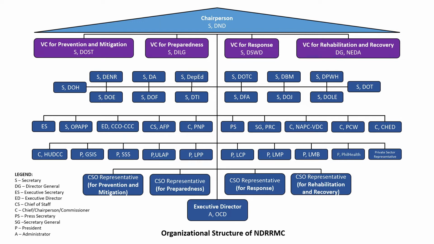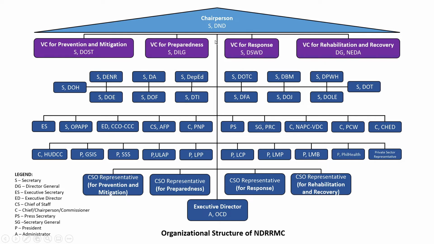Now, when it comes to the vice chairperson for response, that is the role of the secretary of DSWD or the Department of Social Welfare and Development. And lastly, for the vice chairperson for rehabilitation and recovery, we have the Director General or the DG of NEDA. NEDA is the National Economic and Development Authority. Now, each of these secretaries and the director general have their roles when it comes to their own departments, but they also have a role in the NDRRMC, along with the secretaries of the government agencies listed here.